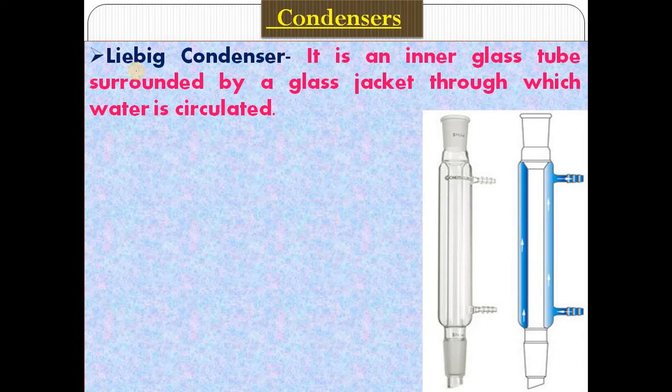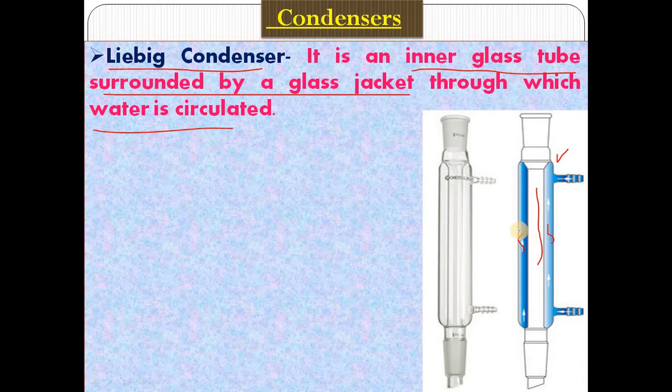Then the second one is the Liebig condenser. What is a Liebig condenser? It is an inner glass tube surrounded by a glass jacket through which water is circulated, as shown in this diagram. This is the inner glass tube, surrounded by a glass jacket in which water is circulated.